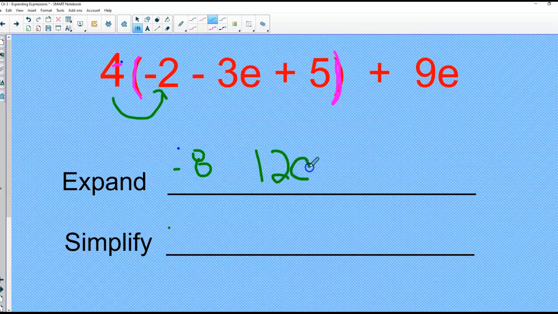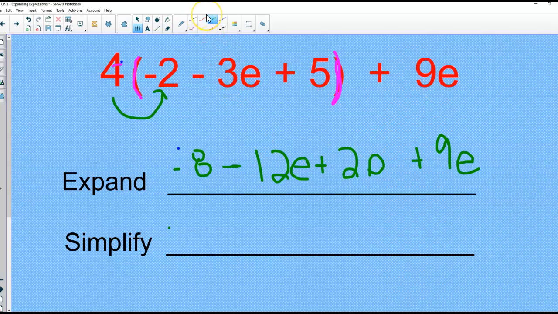I'm going to bring my subtraction sign along. 4 times 5 is 20. Bring the addition sign along. Okay, and my parenthesis ends there, so I'm not multiplying by 4 anymore. So I'm just going to bring this plus 9e down. Okay, so I've expanded everything, or distributed the 4 and brought the 9e down.